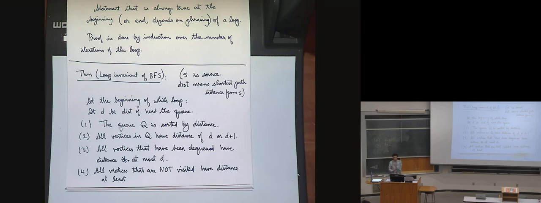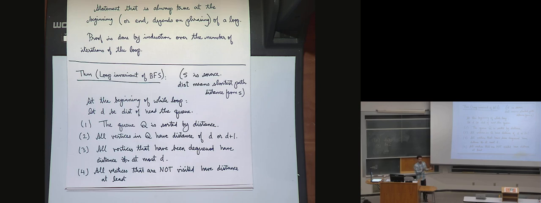Does that make sense? But still, it is true for exactly that reason. So maybe the easiest way to think about this is suppose d was 1. So we know that there are distance 1 and distance 2 things in the queue. But as was said, there are many things of distance 1 that the queue has not processed yet. They're just in the queue. You've not dequeued them yet. When you dequeue them, you're going to add their neighbors, which are potentially unexplored. And so those are distance 2 vertices that are out there.